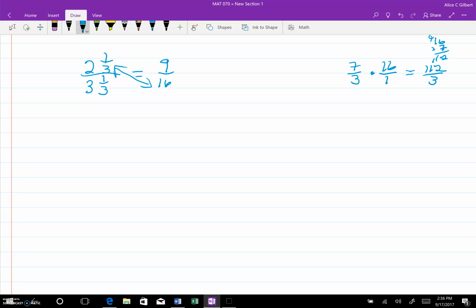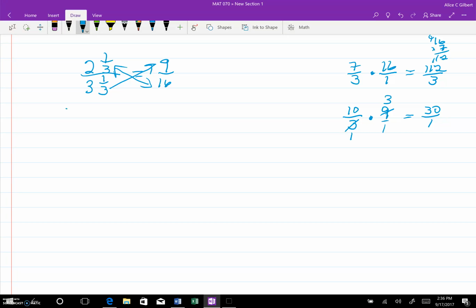So I get 112/3. And now let's multiply 3 1/3 and 9. So 3 times 3 is 9 and 1 is 10. And our denominator stays the same, times 9. Well, here 3 can go into itself once and into 9 3 times. And so I get 30/1. Okay?